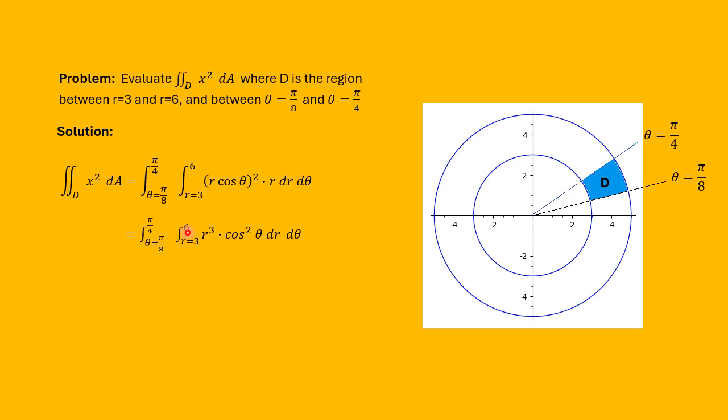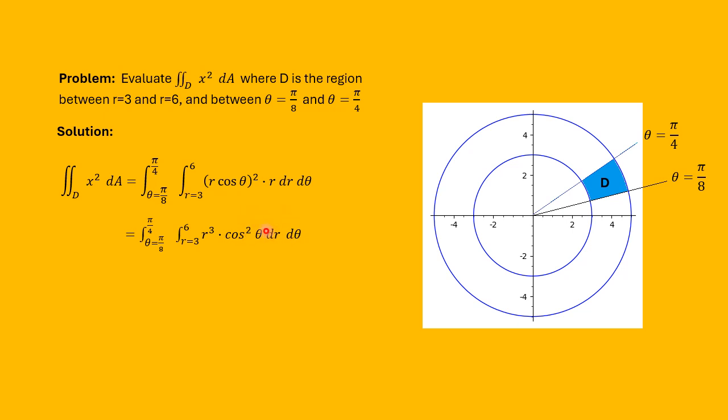We notice that the r in this dA differential was combined with the factors of r that we had here. So our integrand in this integral is r cubed times cosine squared theta.